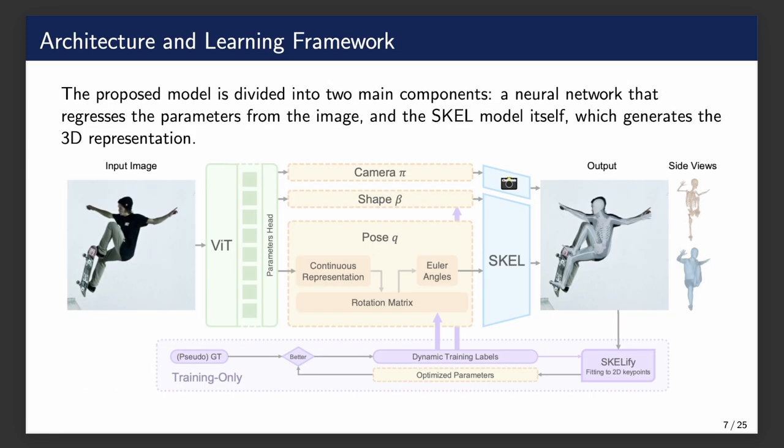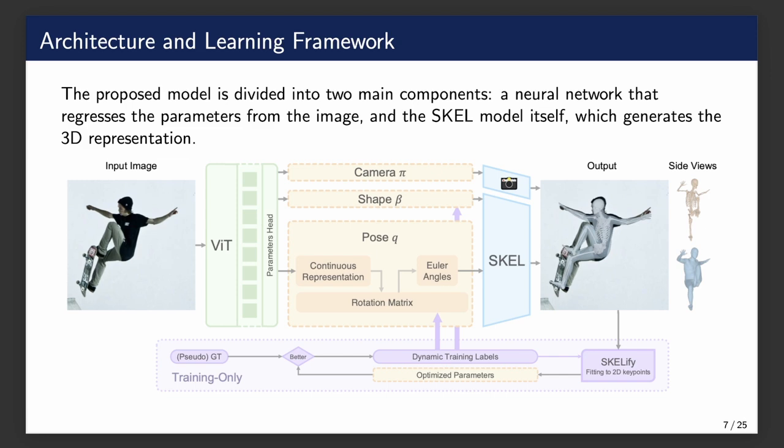Here we can see the architecture of this model, and it can be divided in two main components. The first is a neural network, in particular a ViT, which is trained to infer the parameters of the SKEL model. And the second component is the SKEL model itself, which gives back the skin and skeleton mesh.